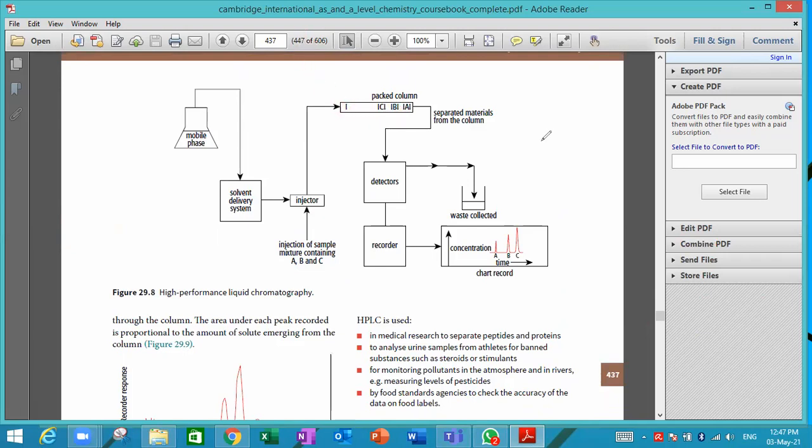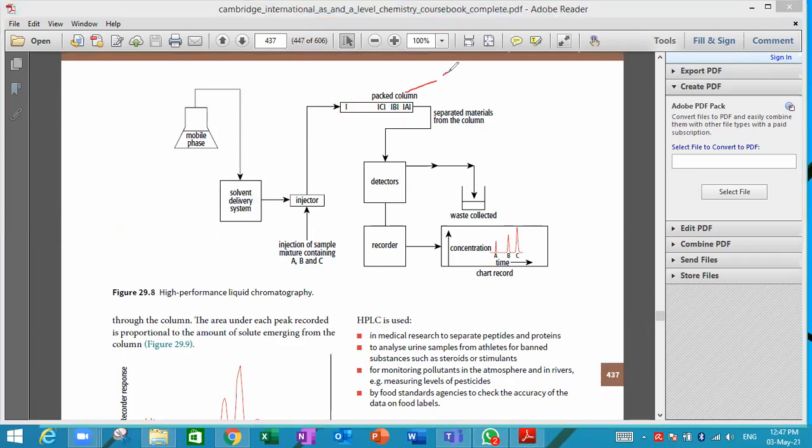We are going to fill it with very fine particles of either alumina or silica. And of course, when I say very fine, it means that they are in the form of a powder, which is very, very fine particles of powder.